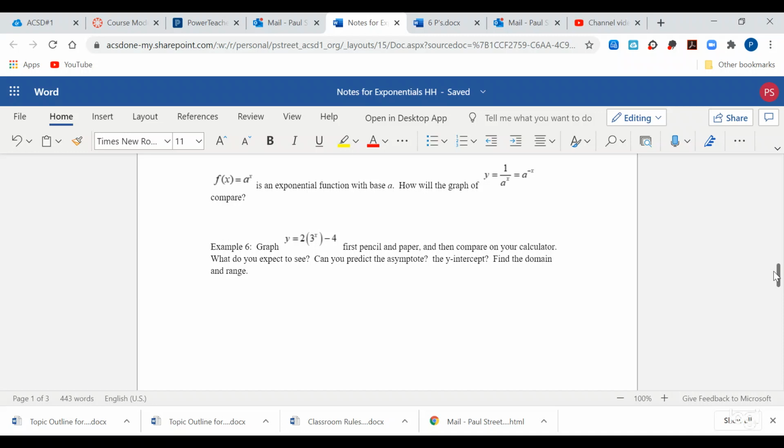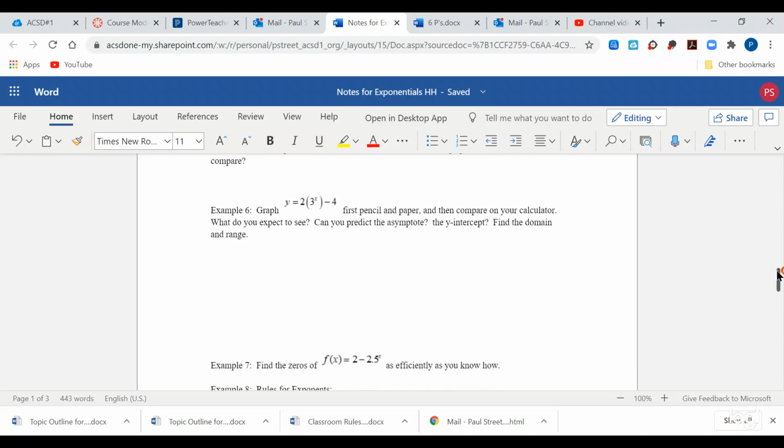Will they be flipped over that? Yes, exactly. So they're going to be flipped over the y-axis, or we would say reflected, reflections in the y-axis. You got it, right? Okay, just a little refresher.